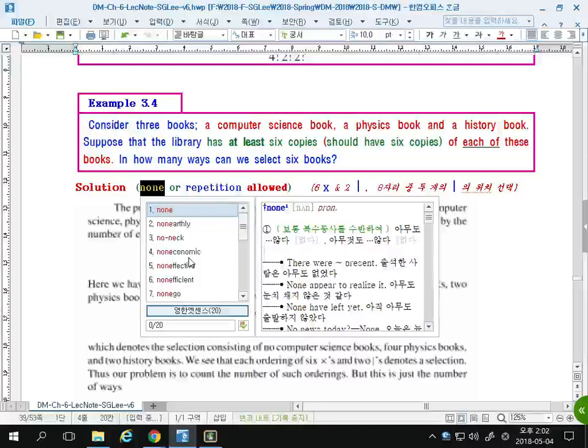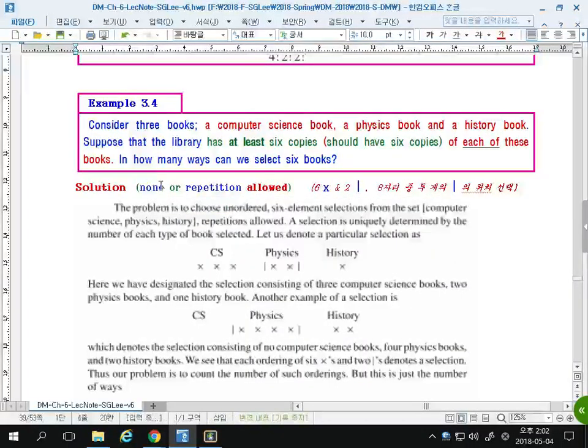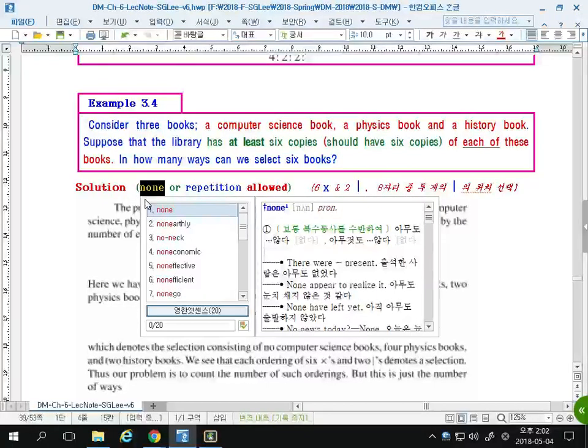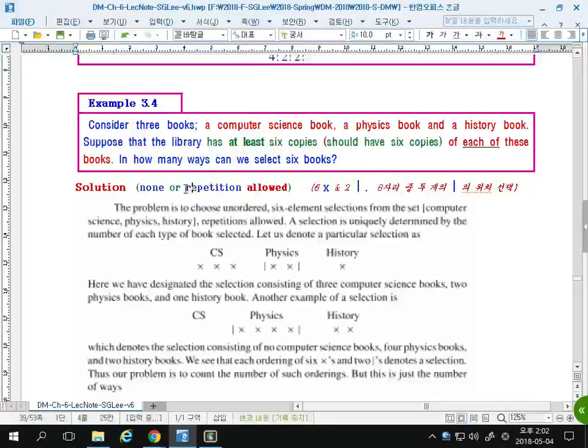So the important thing is we can have the option of no books in 1 or 2 categories. Also repetition is allowed, so we can have 6 books of the same category. So this problem can be considered as having 6 stars and 2 bars, so we have 8 objects.